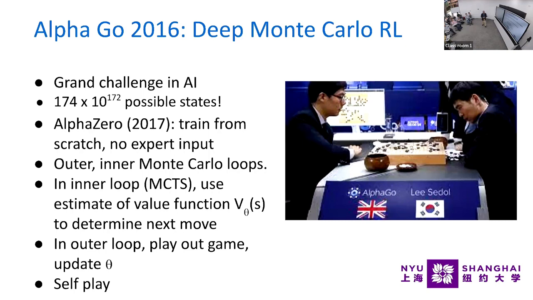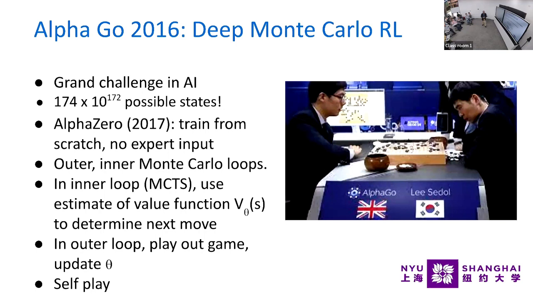Many people predicted that it was still another 20, 30 years away before deep learning came around. And all of a sudden, they were able to do it. Again, this came out of DeepMind. There's just a huge number of states. Each state here is a board configuration.